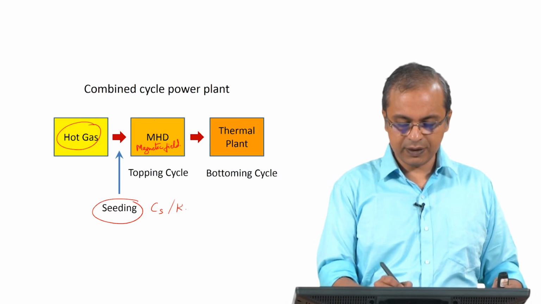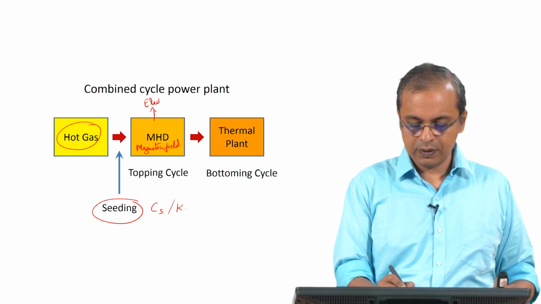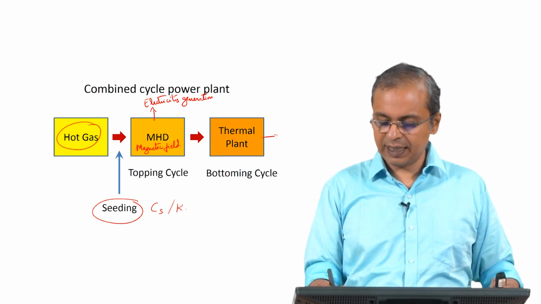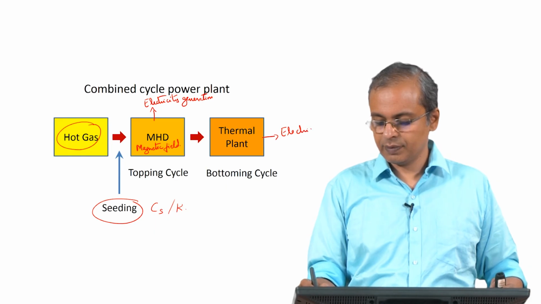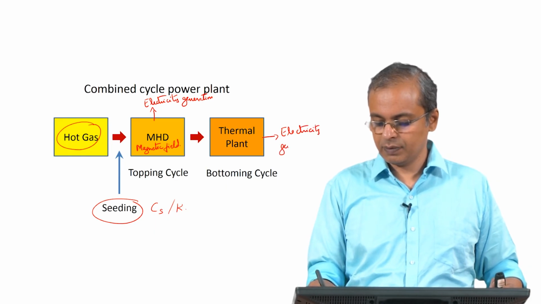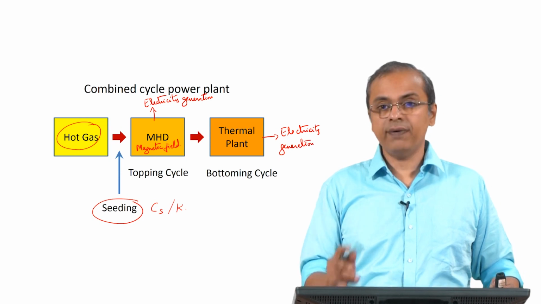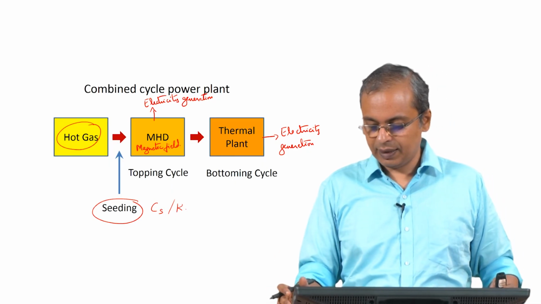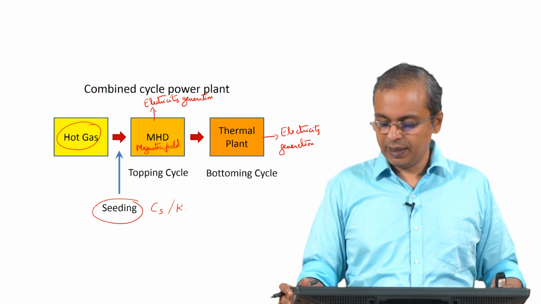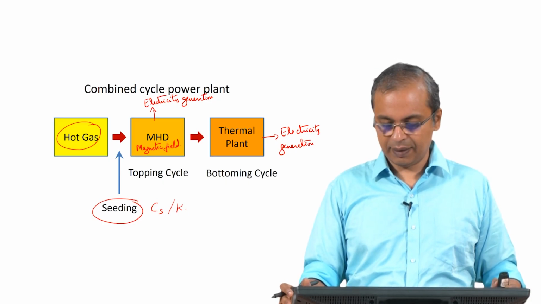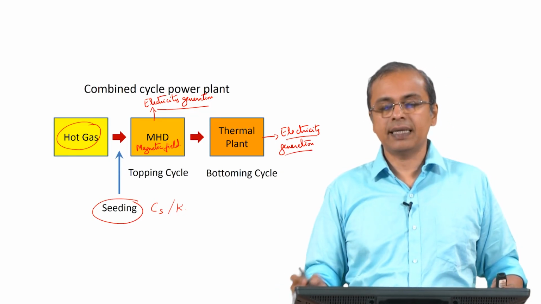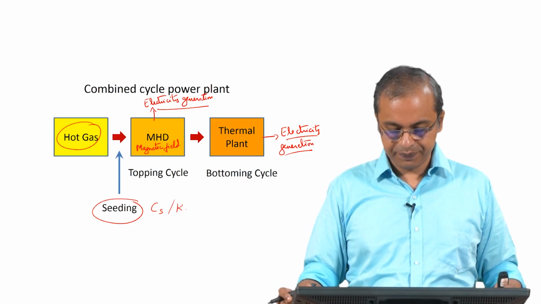So, you get some electricity out of this, and then you have further electricity generation out of this. So, you are generating electricity in a two step process as opposed to a single step process. You have two steps of electricity generation happening here, and therefore, this is interesting. We are getting one additional amount of electricity over and above what you would have otherwise got, and therefore, your overall efficiency is going up.